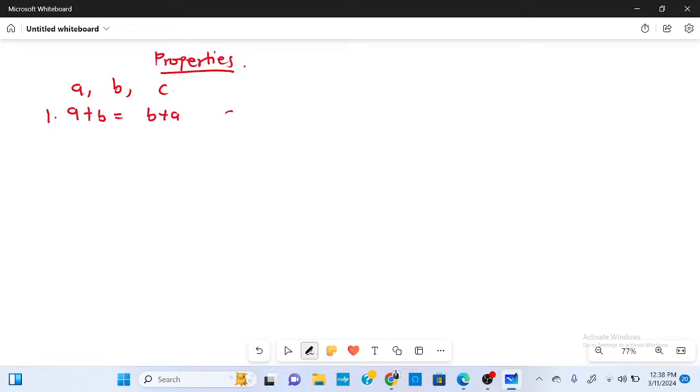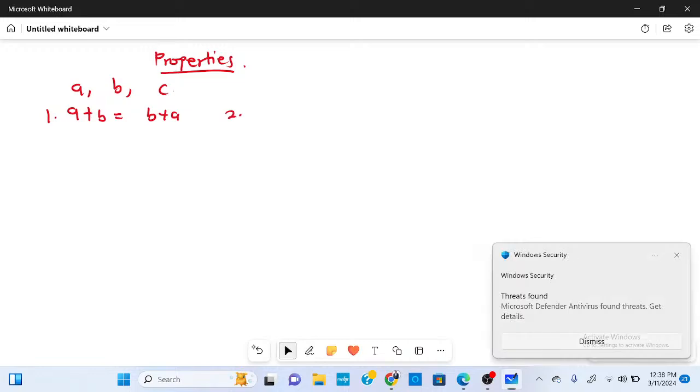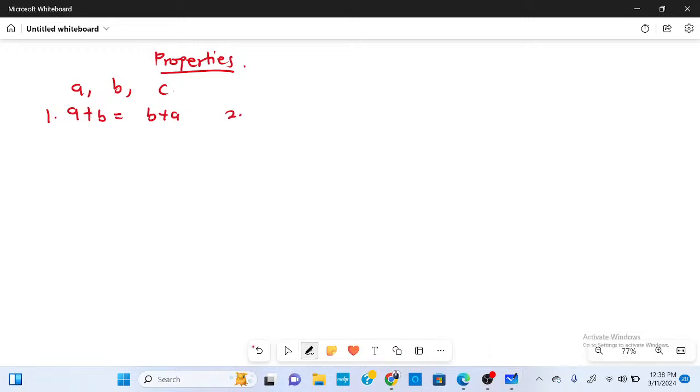Then the second property, let's take the associative property, which is A plus B plus C should give us A plus B plus C. So vector addition satisfies these commutative and associative properties. We also have another property, which is a vector plus its inverse.